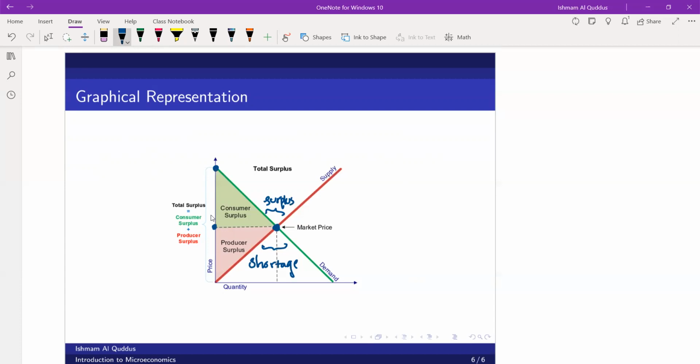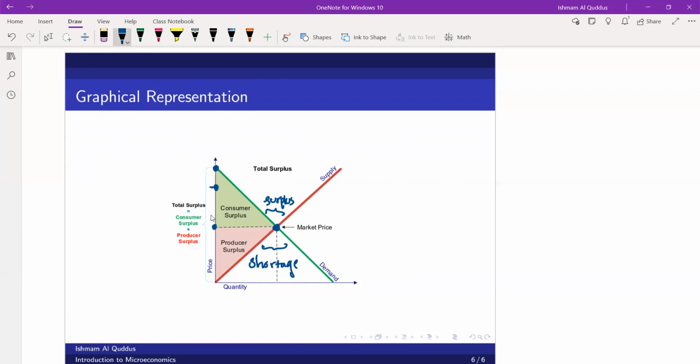Also try to understand this: the buyers at this price level are willing to pay this amount of money for that product. So that is their maximum willingness to pay, right? Any buyer below this would not actually engage in the market, because at this point some buyers would not participate, because the consumer surplus would decline. So you will have a lower consumer surplus, right?